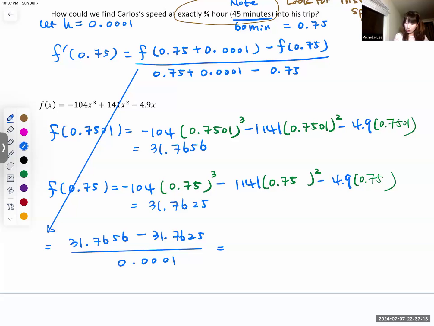So we have this one, 31.0907 miles per hour, right? Okay, let's move on.